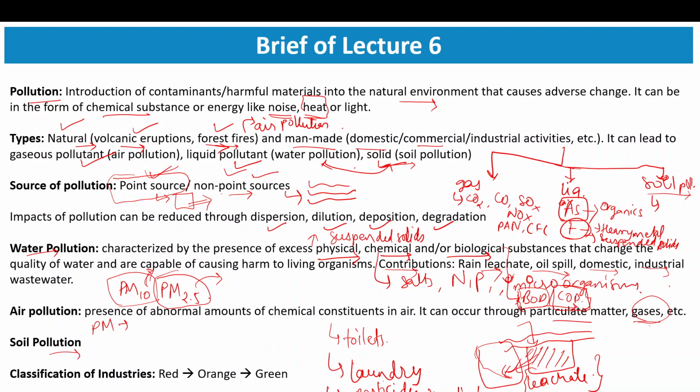And soil pollution is also discussed, where, as I said, solid waste is dumped, which results in soil pollution. Now, if you take into consideration human intervention for pollution generation, then industry is a major source.